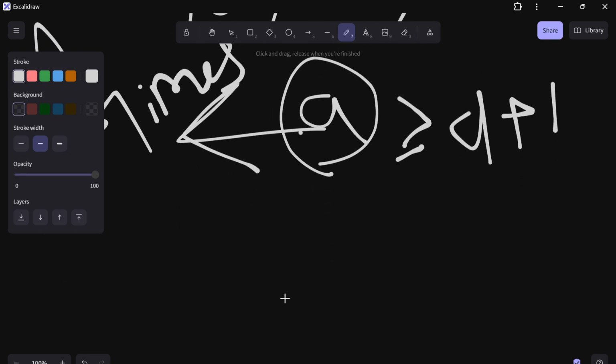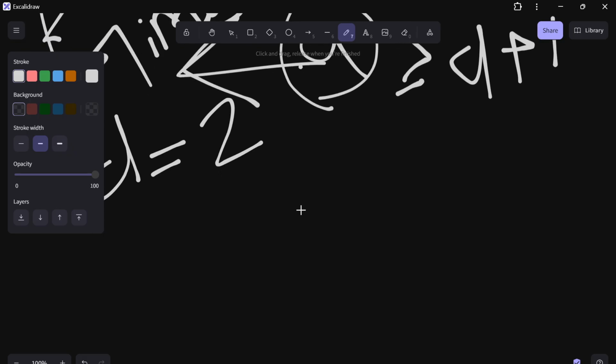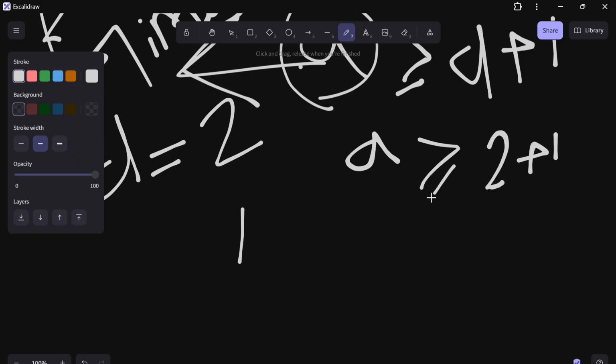Now I think about how. Suppose we take the example that is already given in the test cases, D is equal to 2. Okay, so it is 1. So according to that idea, A should be greater than or equal to D plus 1. D is equal to 2 plus 1, so it means A is equal to 3.